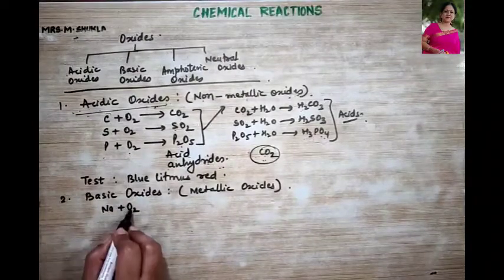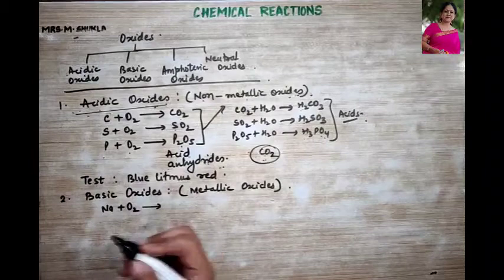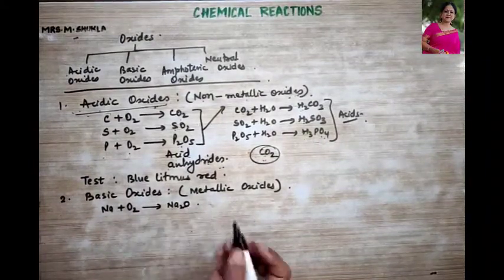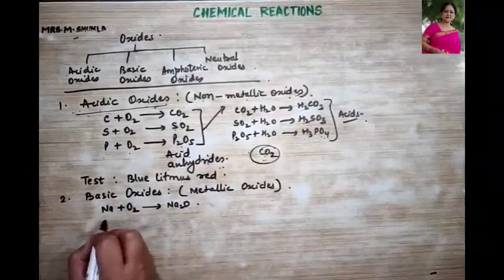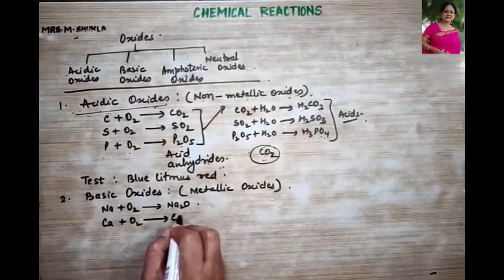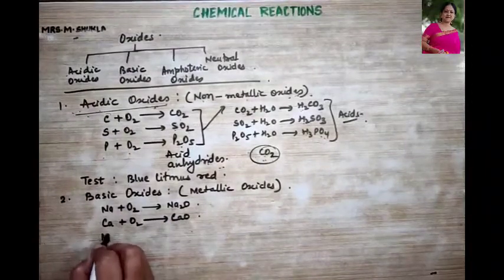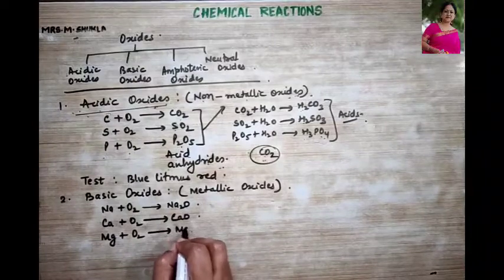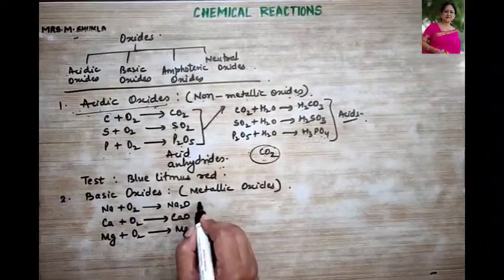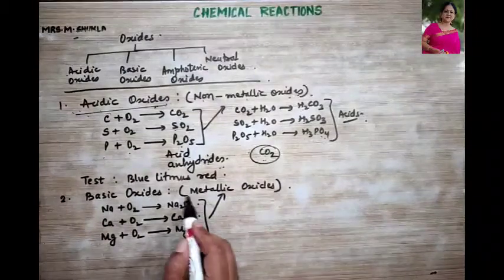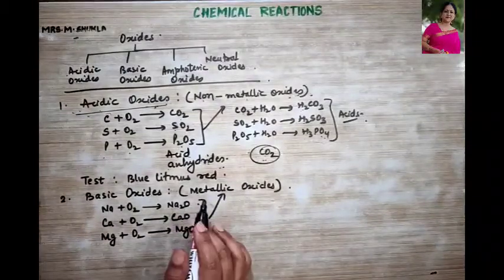That is, when metals combine with oxygen, the oxide that they form is called a metallic oxide or basic oxide. Similarly, calcium when it combines with oxygen will form calcium oxide. Magnesium when it combines with oxygen forms magnesium oxide. So, what are these? These are all metallic oxides, which are also basic oxides.